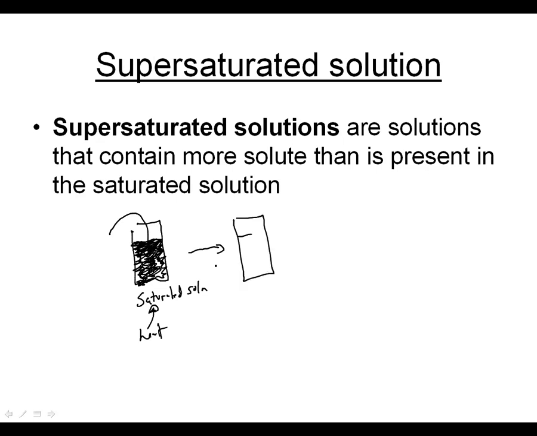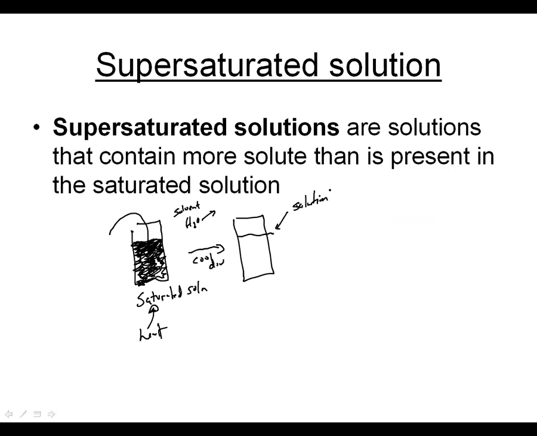And if you let it cool down, you will now have a solution that has cooled way down from the heating process. At that lower temperature, it should not have as much of that solute dissolved in there than it already does.